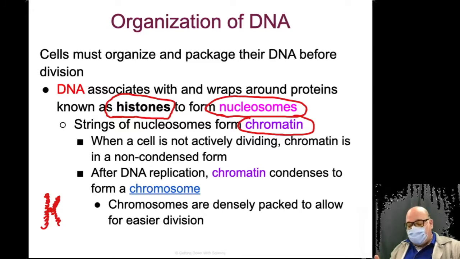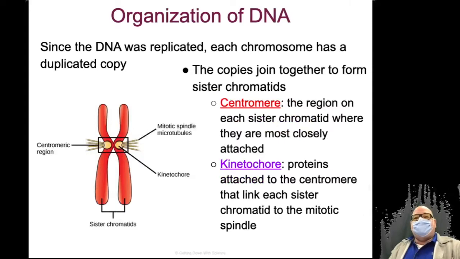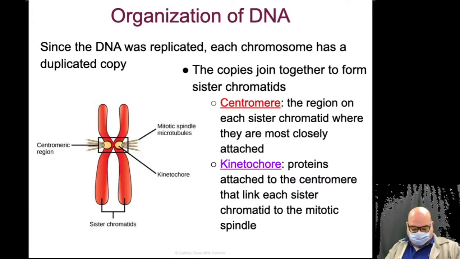Now we're going to show you lots of diagrams today. So once we are into this chromosome form, we make a copy of it, okay? And that copy lines up with its pair. And where does it line up?